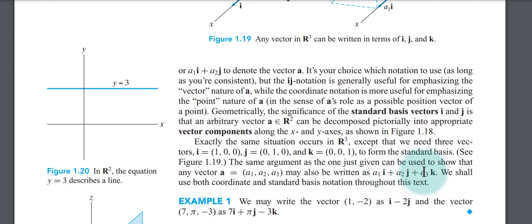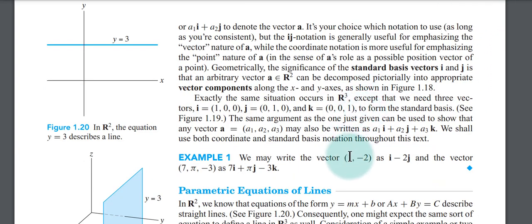We should be equally at home with either writing it this way or this way. In other words, 1 comma negative 2 could be written as i minus 2j. We just have to get used to that.